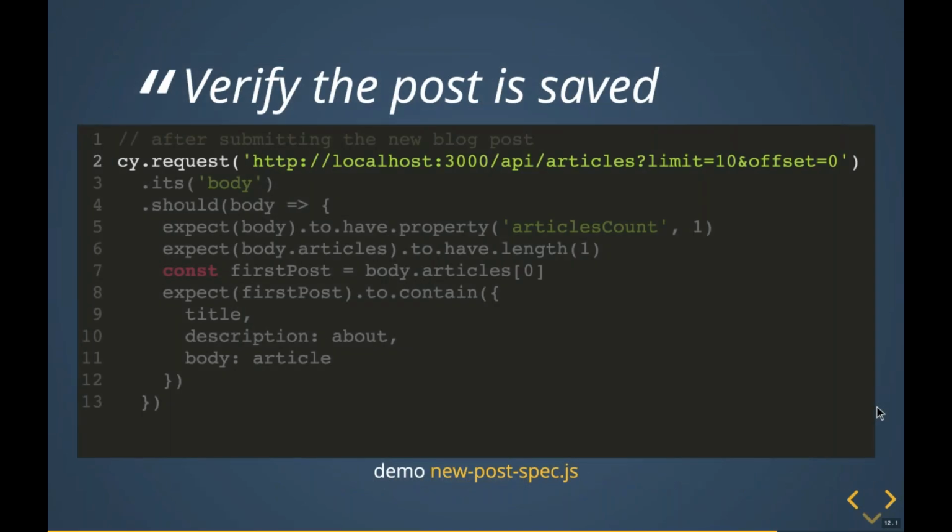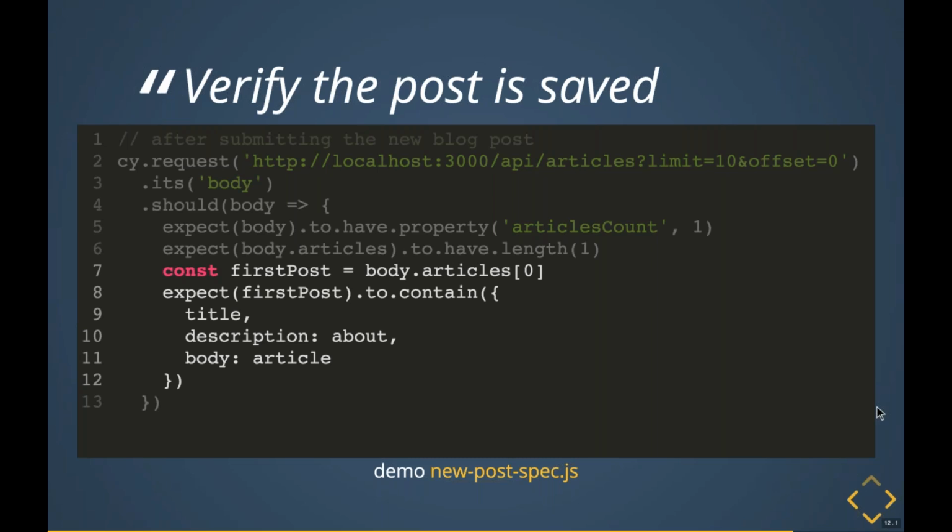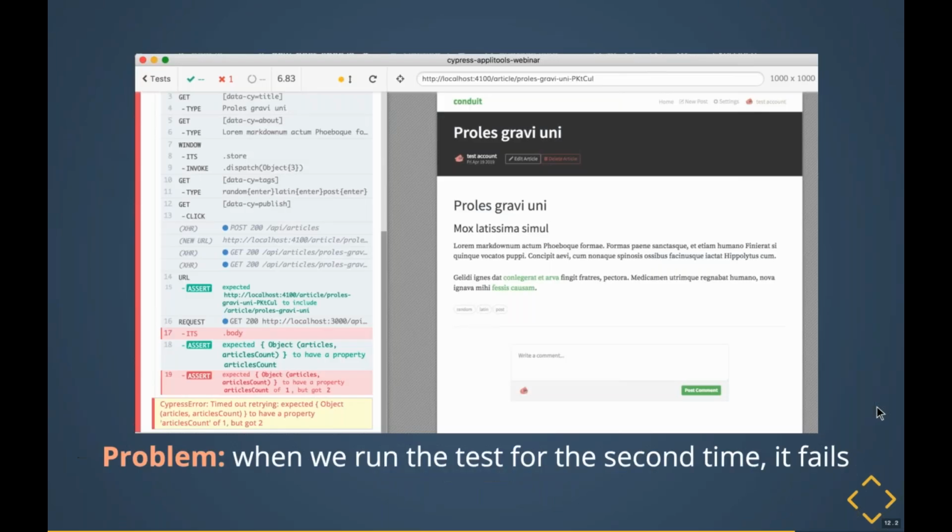I can verify that my blog post has been saved by just making a request to my API, getting the response, and then making sure that there is one article after I typed one article. And then I can verify the contents of this article is what I expected them to be. But as soon as you run this test twice, you will see a problem.